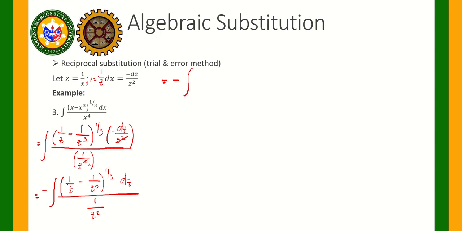Okay, in, out, out din to. Meron tayong imaginary over 1 dito. This is the whole numerator. So, multiply natin kay z squared since out, out sila parehas. So, this is equal to 1 over z minus 1 over z cube raised to 1 over 3 times z squared dz. Okay, since 1 ito, wag na lang nating isulat.